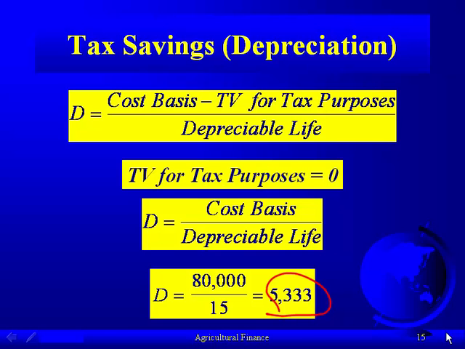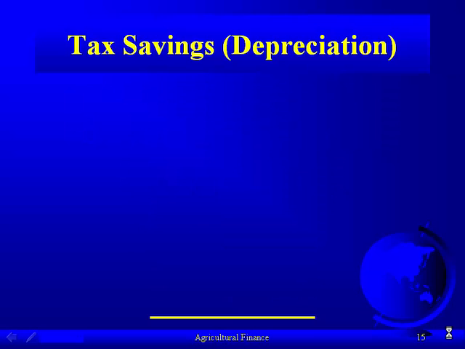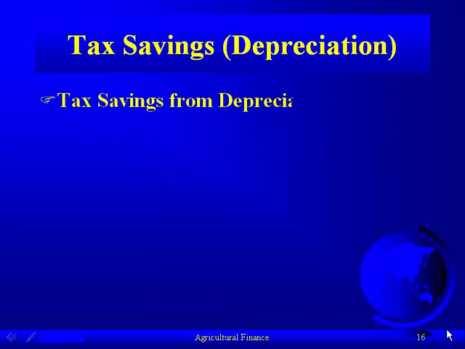If it reduces the taxable income, how much does it reduce the actual taxes that this farmer has to pay? The tax savings from this depreciation is the depreciation multiplied by the marginal tax rate. So in this particular case, where the farmer can reduce his taxable income by $5,333, that's going to mean a reduction in the taxes that this farmer has to pay in the tune of $1,067.